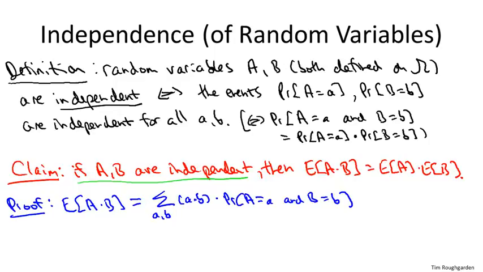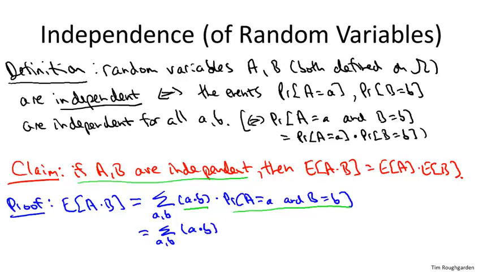So that's going to give us a value of a times b times the probability that big A takes on the value little a and capital B takes on the value little b. So that's just by definition, where this is the value of the random variable capital A times capital B, and this is the probability that it takes on that value with the constituent values a and b.